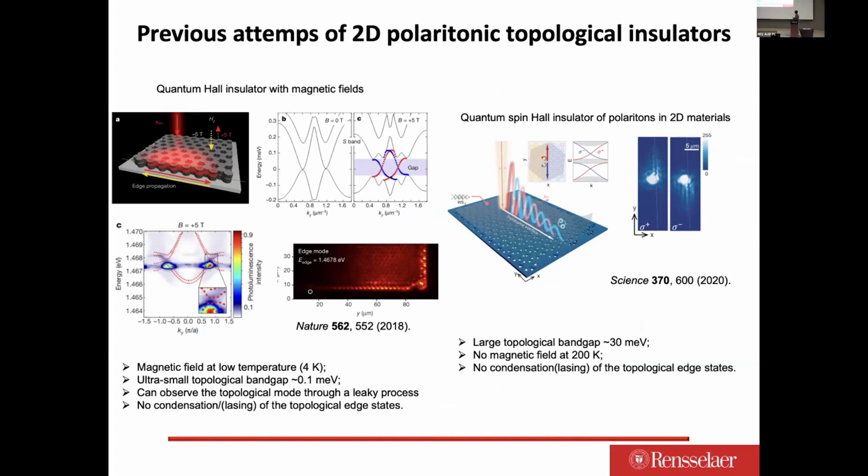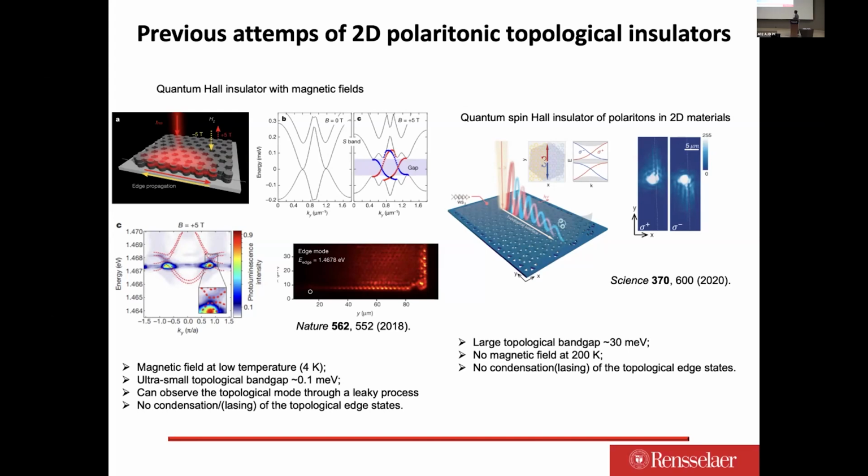For example, my colleagues in Germany, Sven Hofling's and Sebastian's group, used a doped quantum well system with a magnetic element, where they applied a strong magnetic field and eventually opened up a tiny Zeeman gap to break time reversal symmetry and open the topological band gap.